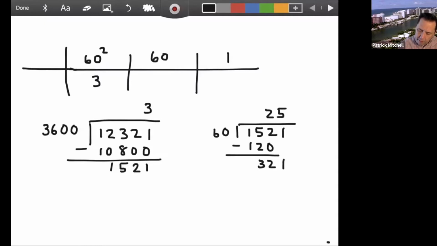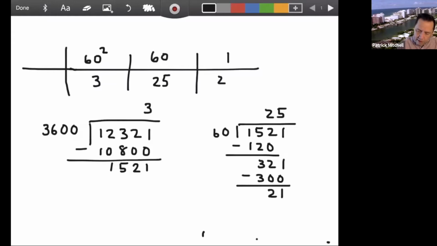And then 5 times 60 is 300. 21 left over. So the way that we're going to break up this number in the Babylonian system is 3 60 squareds and then 25 60s and then 21 ones.